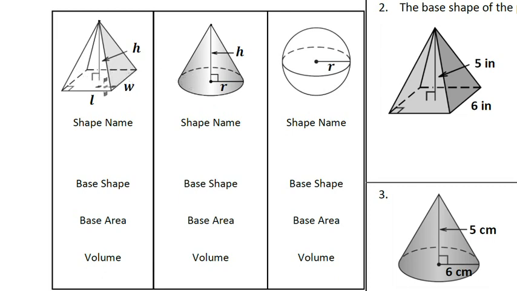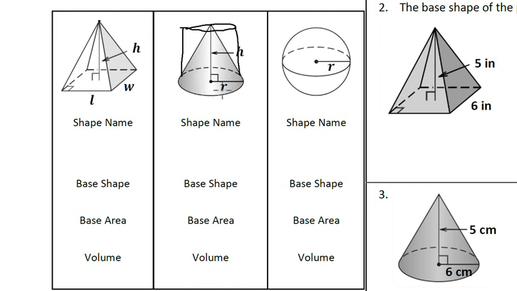You'll notice your volume formula changes. Instead of being base area times height, it is 1/3 of the base area times height, and that makes at least some sense because this is much less than a cylinder. If a cylinder is base area times height, a cone is going to be less than that, because as we go up the height of this cone, we don't remain the same shape all the way through each cross section.